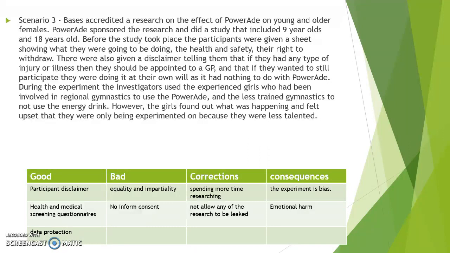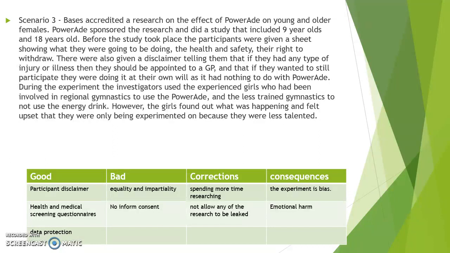Another good thing with scenario 3 is the health and medical screening questionnaire. This is because as a researcher you must know if the participants are medically well enough to participate in the experiment. Thirdly, the data protection.